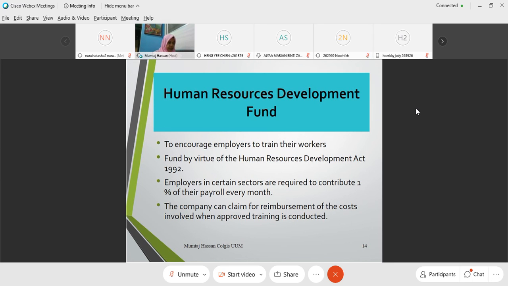I think one of them will be the industrial sectors, like manufacturing sectors. But if you want to know more, you have to look at the act itself. Let me check and see.